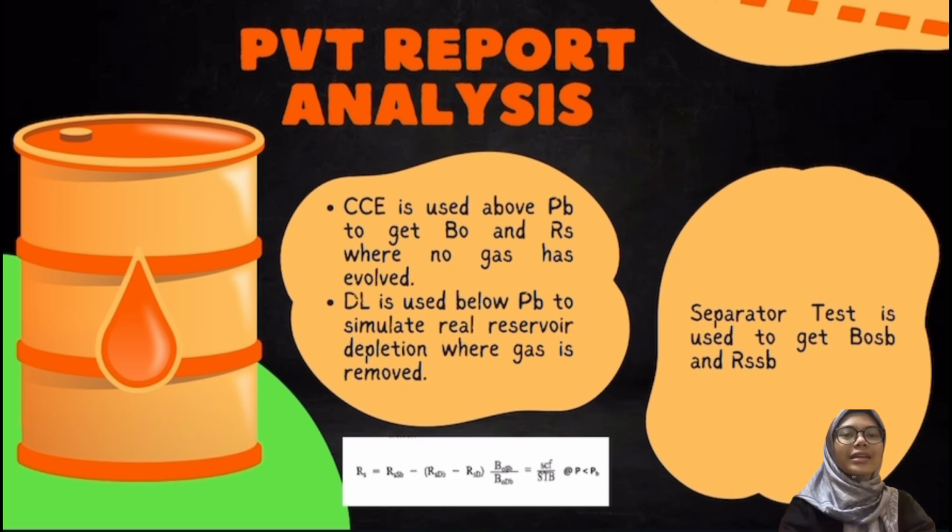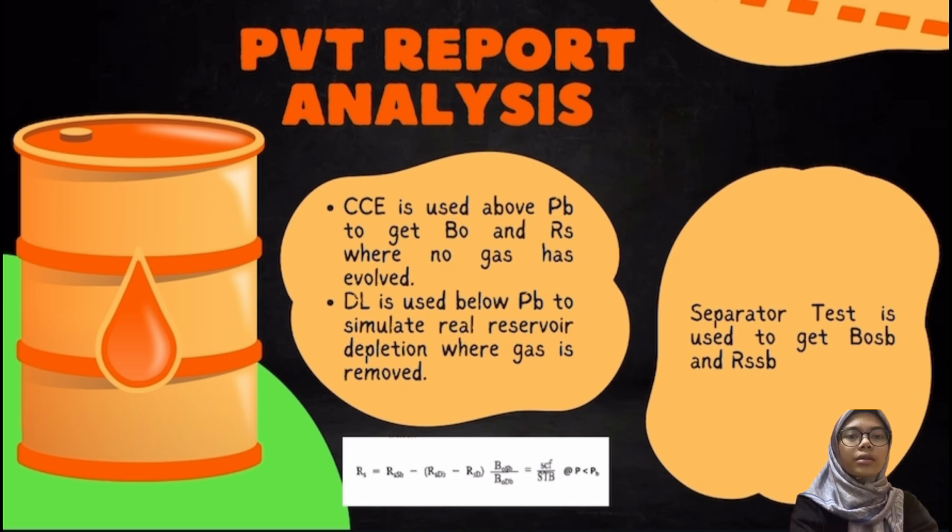Separator test: a two-stage test, with the first stage separator at intermediate pressure, followed by flash to surface, provides surface volumes and helps calibrate RS and BO. Differential liberation simulates pressure depletion below the bubble point. At each step, evolved gas is removed, mimicking natural production.